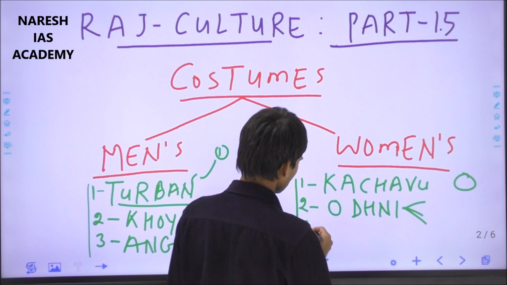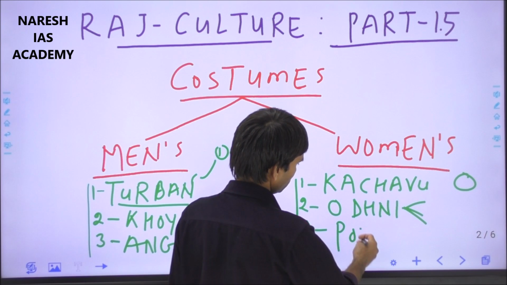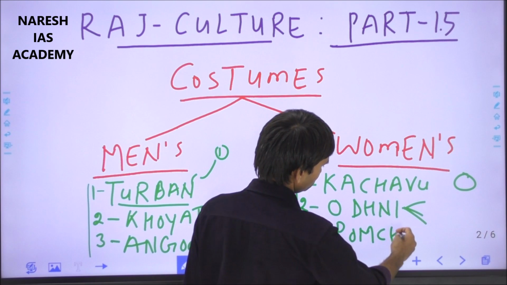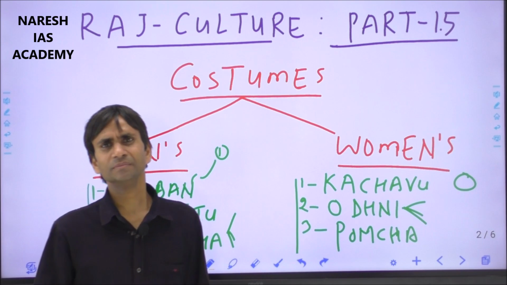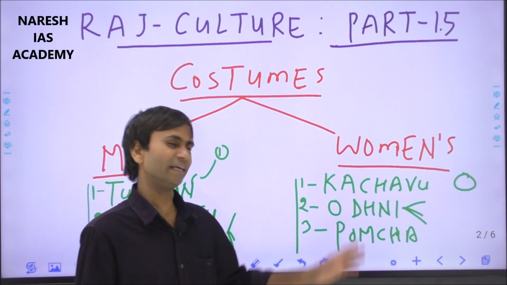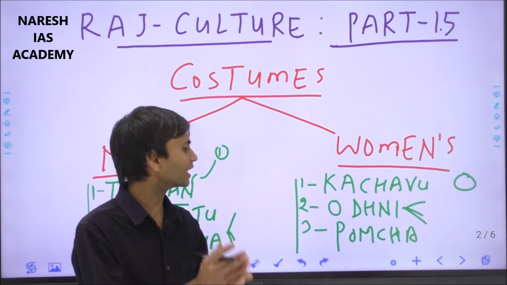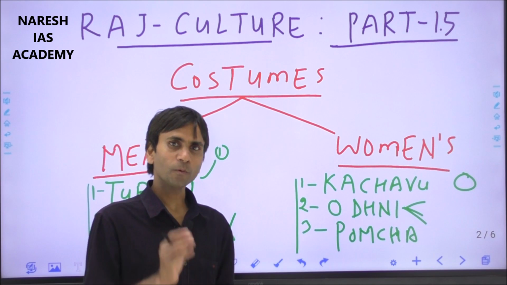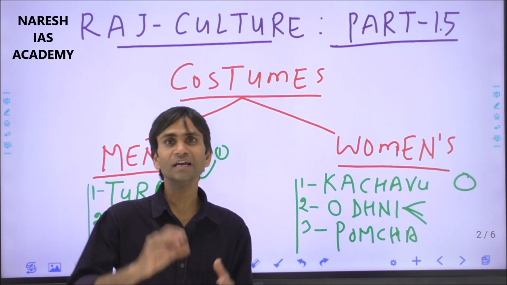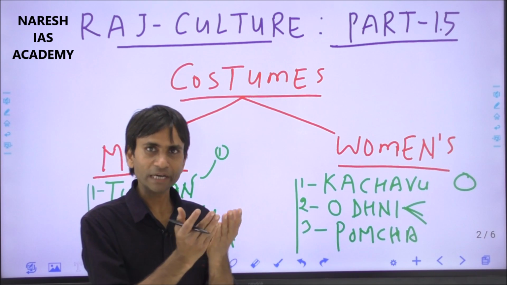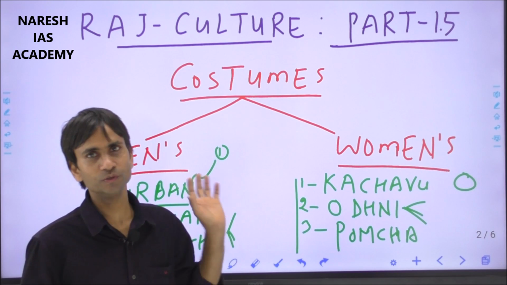And the next costume of the women is the pomcha. Pomcha is sometimes compared with the odhni, and generally it is very similar to the odhni. The basic color of the pomcha is yellow, and for decorating its border part and some designing, the red color is used.